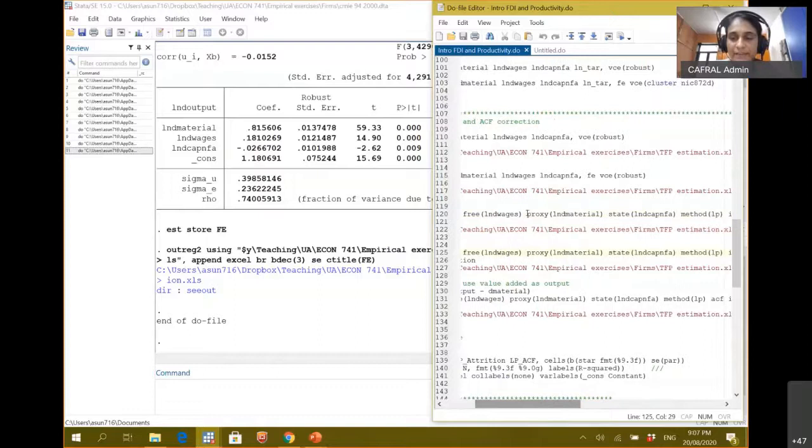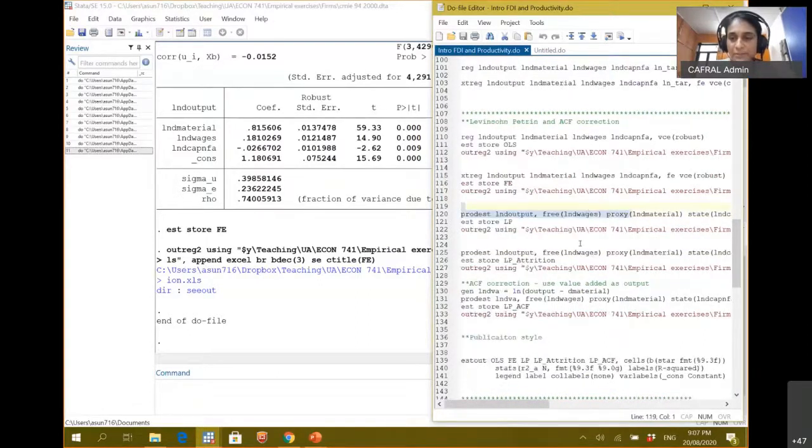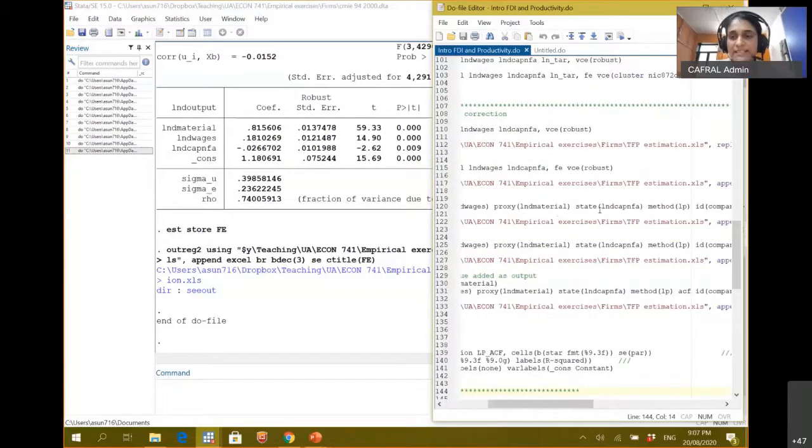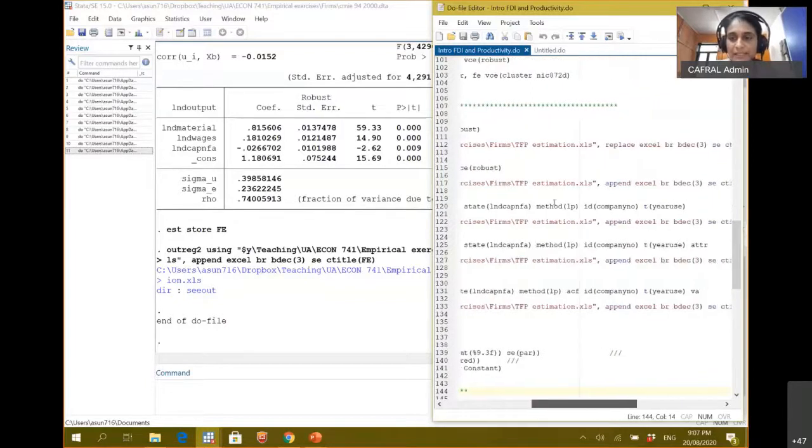Then I'm telling Stata that my proxy variable for productivity is material inputs. Okay, so that's why I say proxy ln materials. The state variable, which is the one we are worried about, that's your fixed input, right? And that is capital stock. So ln cap NFA is the state variable. I'm going to tell prodest that the method I want to use is LP. You can use Olley-Pakes as well.